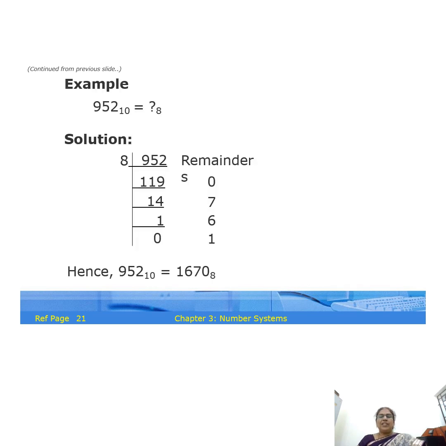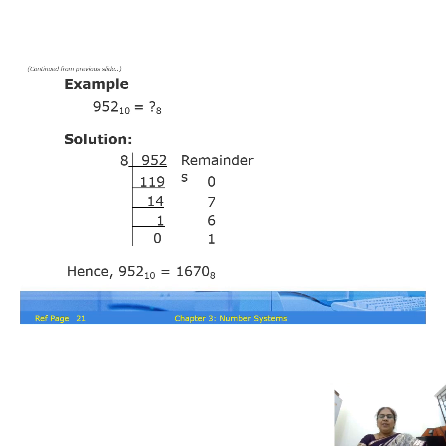For example, 952 base 10 we have to convert into octal. Here the solution is to divide 952 by 8. The quotient is 119 and the remainder is 0. Again 119 is divided by 8. We get 14, remainder 7.